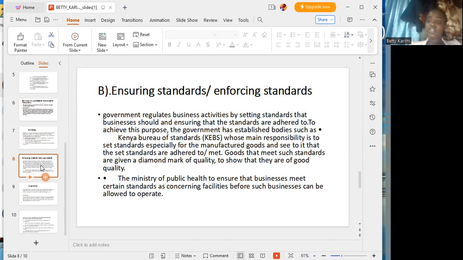Goods that meet such standards are given a diamond mark of quality to show that they are of good quality. The other established body is the Ministry of Public Health, to ensure that businesses meet certain standards concerning facilities before such businesses can be allowed to operate.